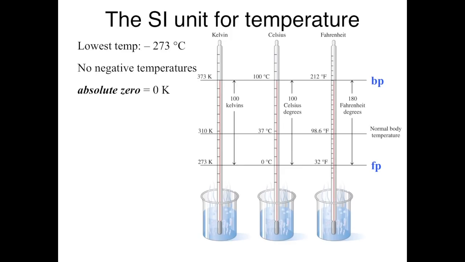Another name for that lowest temperature at 0 Kelvin is absolute zero. It turns out it's a theoretical limit. We have never been able to measure this limit. So conceptually, what does absolute zero mean? Remember I said that temperature is related to movement. The hotter you are, the more movement you have. So imagine starting at a high temperature and decreasing that temperature down.